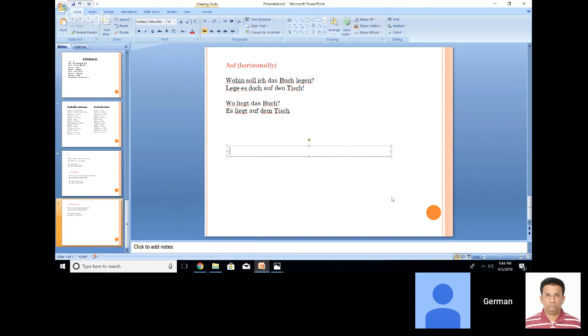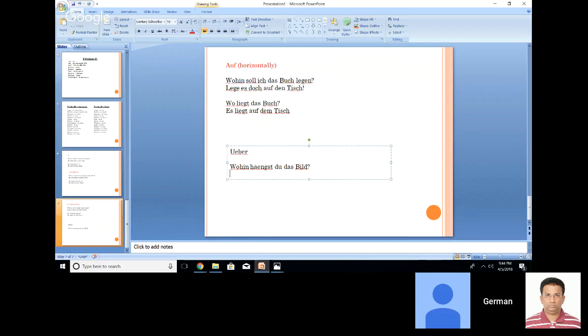The next Wechsel preposition, über, which means over. For accusative, the question would be: Wohin hängst du das Bild?